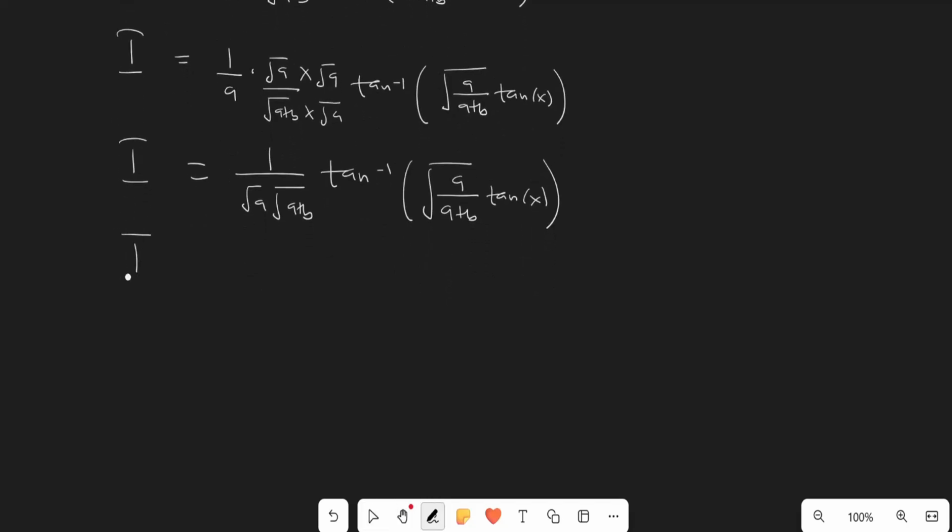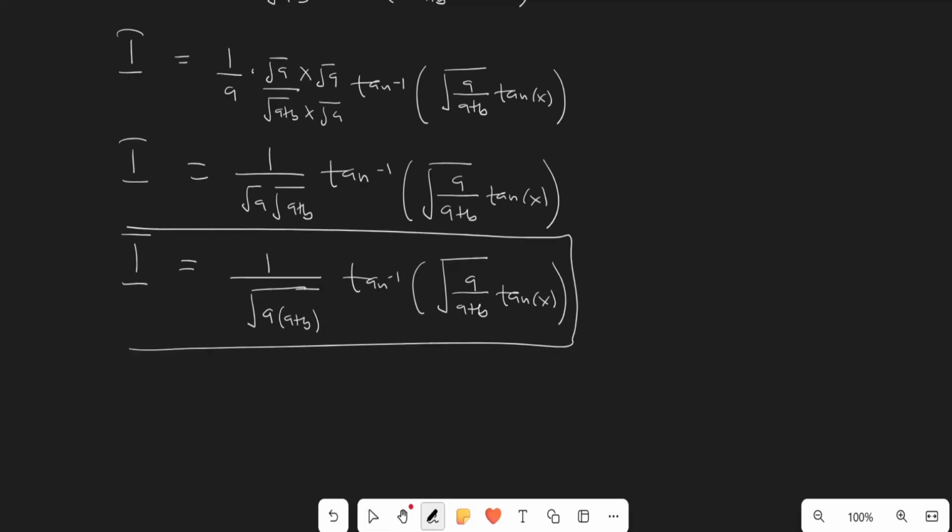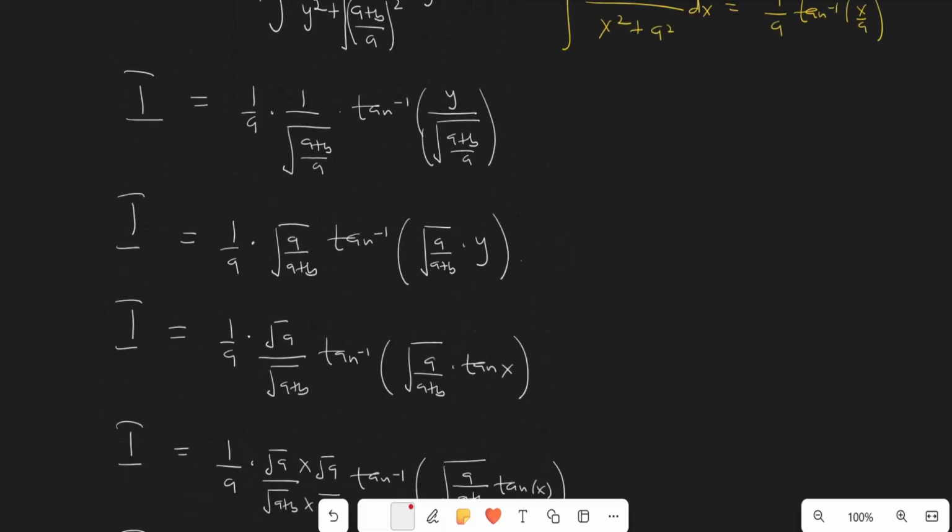And therefore we can now wrap up the integral with what we have initially. So multiplying in, we have 1 all over the square root of a times (a plus b), because they are all having the same square root, to put them in one square root. And then the tan inverse of the square root of a all over (a plus b) times tan of x, like this. So this one is the proof that we are required to find.